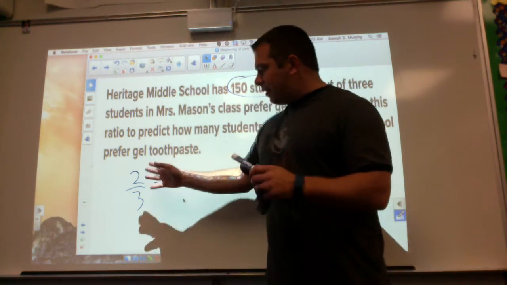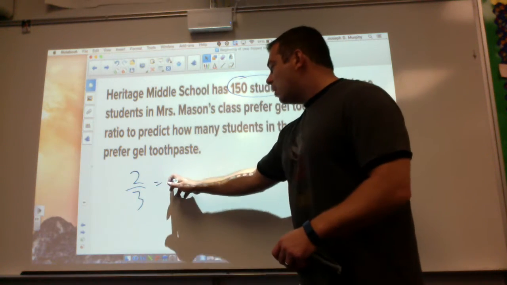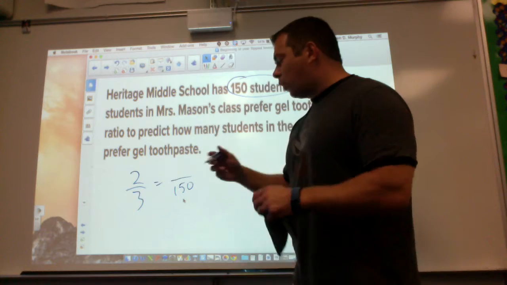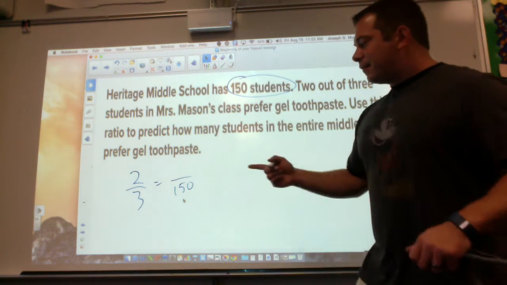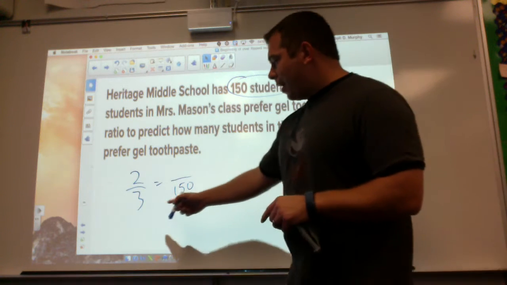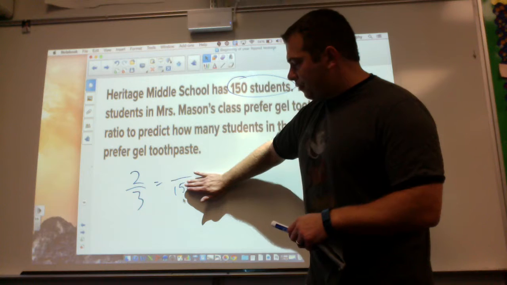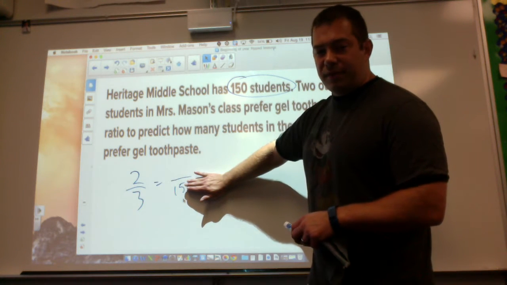So if 3 is the total amount of students in that one scenario, I have 150 students total. How can I get from 3 to 150? Well, I know I can multiply by something. If I ignore that 0 there, I know 3 times 5 equals 15.